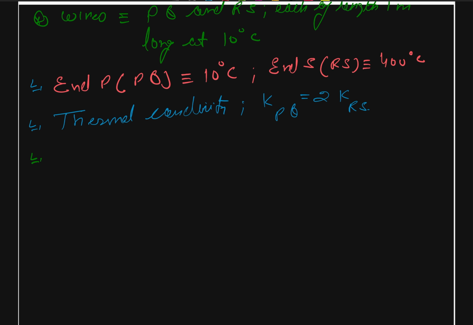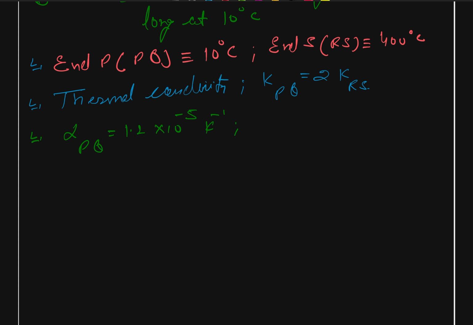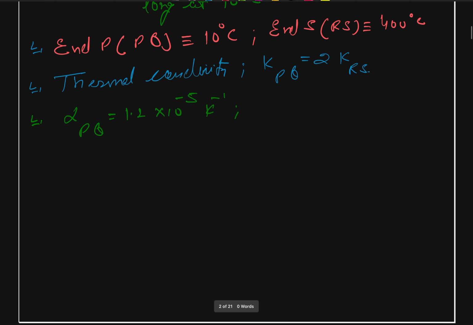So we are given that our thermal expansion alpha of PQ is 1.2 into 10 raised to the power minus 5 per Kelvin. And for RS it is not given. We can discuss that part later on also. And we have to find out the change in length of the wire, especially for PQ. So basically we have to find out the delta L of PQ when the temperature at the end S is changed from 10 degree to 400 degree centigrade.